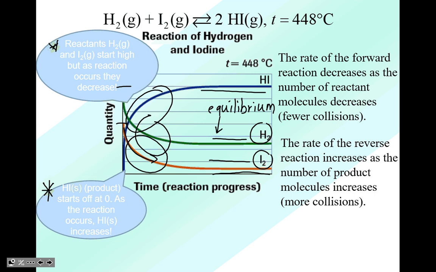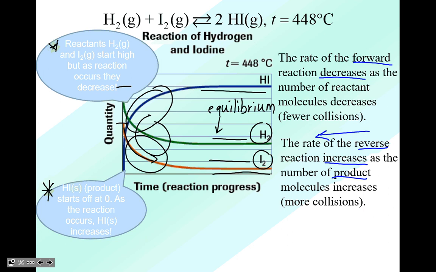This is really, really important, kids. As you increase the product, it actually reverses, so it goes back to the reactant. Does that make sense? And the rate of the forward reaction decreases as you get more and more products. There's this back and forth: at the very beginning, it was making a lot of product.